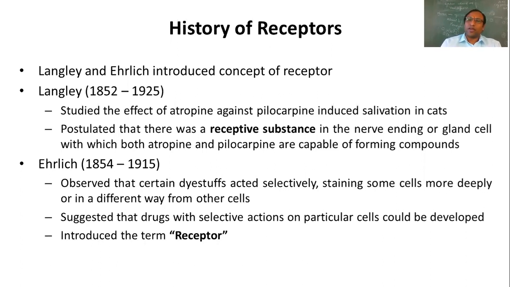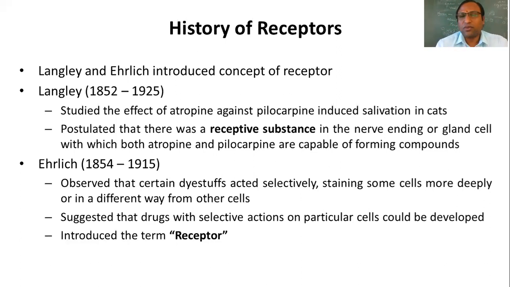That was the experiment he did, and he postulated that there was a receptive substance in the nerve ending or gland cell with which both atropine and pilocarpine are capable of forming a compound. That was his hypothesis, that there is a receptive substance present, due to which they both get attracted or bound at some place.